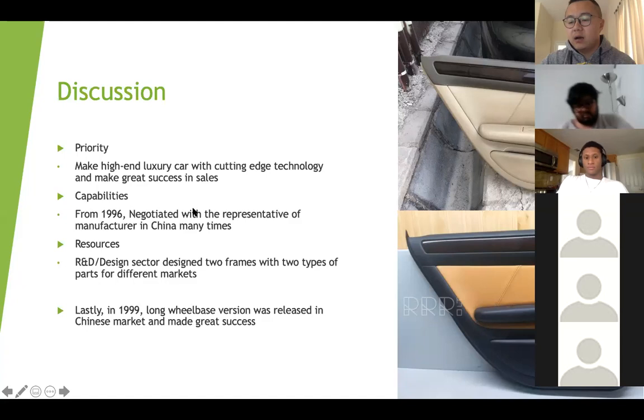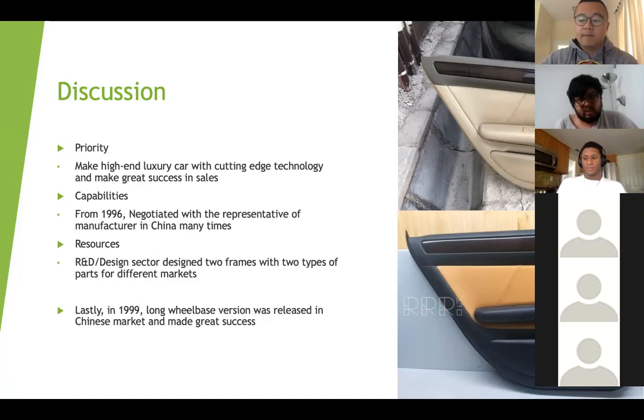From 1996, as I've already mentioned, the car was released in China in about 2000. From 1996, the Chinese manufacturer started to negotiate with the manufacturer in Germany. The engineers in Germany didn't understand why we needed to do this.